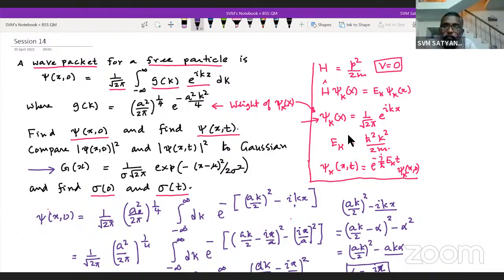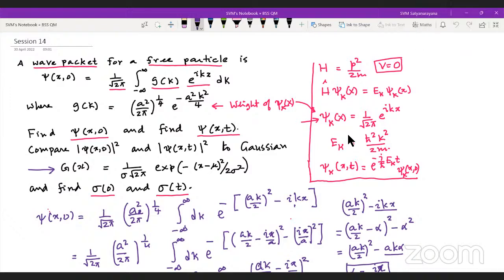Correct. But it cannot be normalized in the usual sense because we are employing a periodic boundary condition, and it's like a wave in a circular contour. The wave is there, so it's not decaying towards plus infinity and minus infinity. So it's not normalizable, but that's a one-dimensional problem.